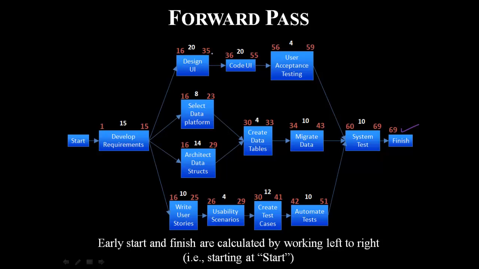So 35, we started on the next day, which was 36. Then 36 plus 20 minus 1 is 55. Then we began with 56. Then we added duration: 56 plus 4 minus 1 is 59. From 59, we start on the 60th day. 60 plus 10 is 70, minus 1 is 69.